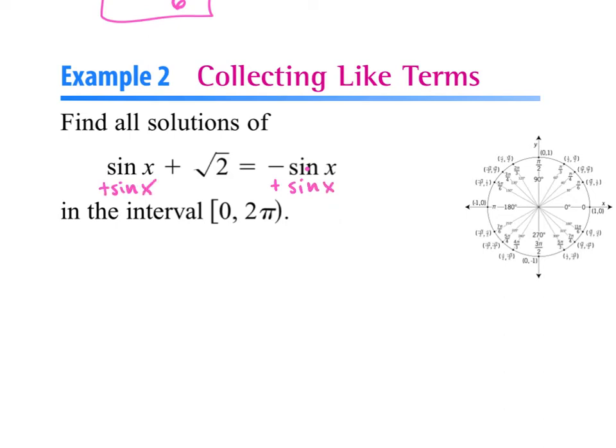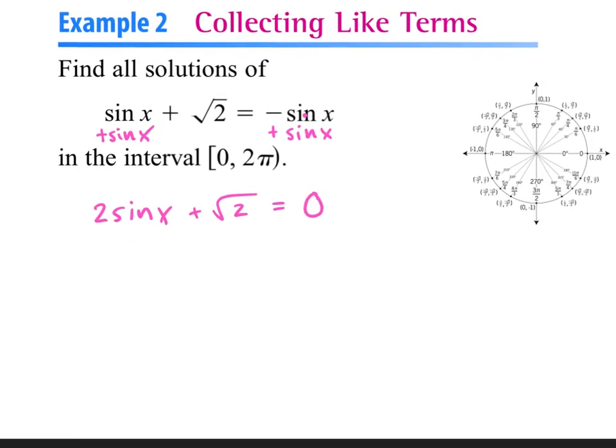So what's sine of x plus sine of x? 2 sine of x. 2 sine of x plus square root 2 is equal to 0. What can we do next?